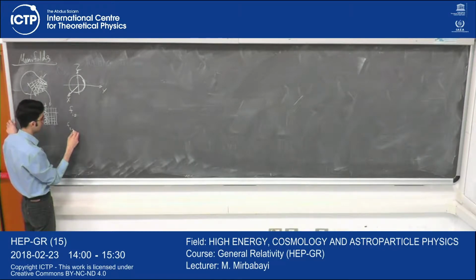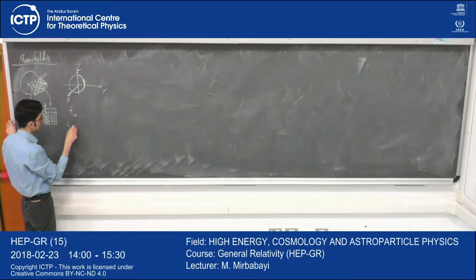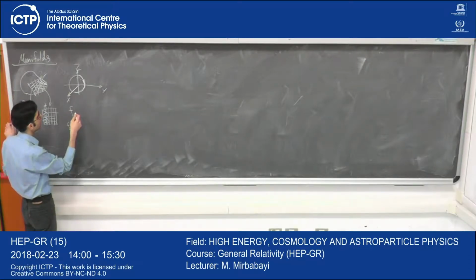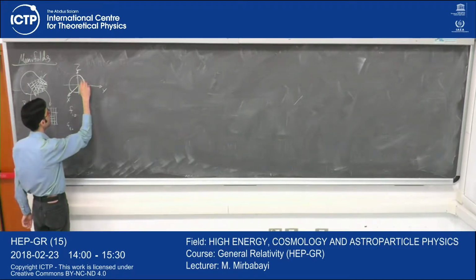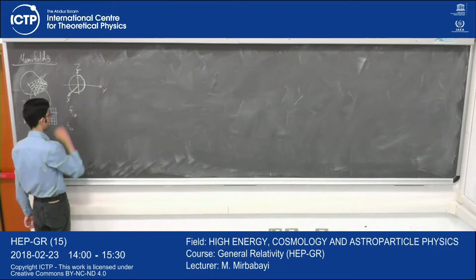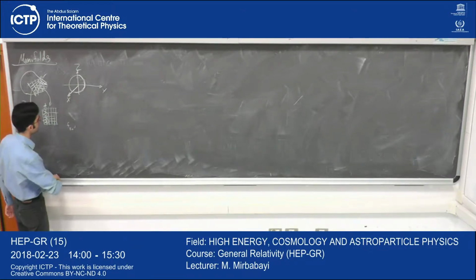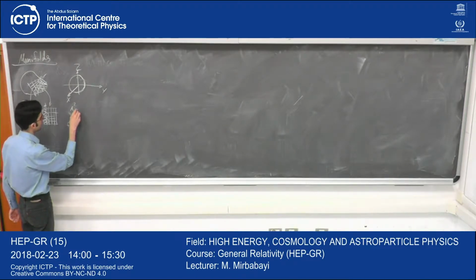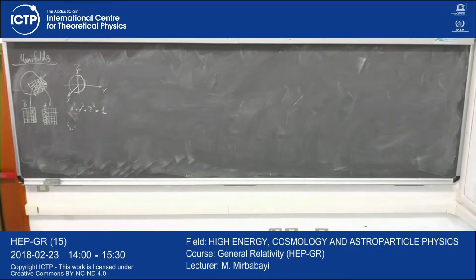So what it does is that for any point in the positive hemisphere, F_z plus of that point would be... So what is the definition of this sphere? This sphere is defined by the points which have x squared plus y squared plus z squared equals 1. That's the definition of a two-sphere.